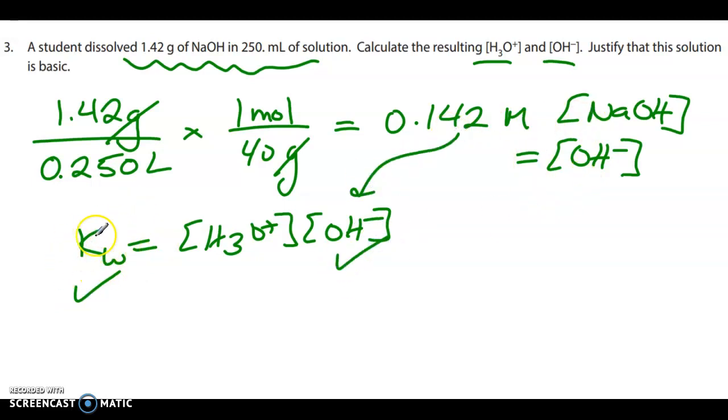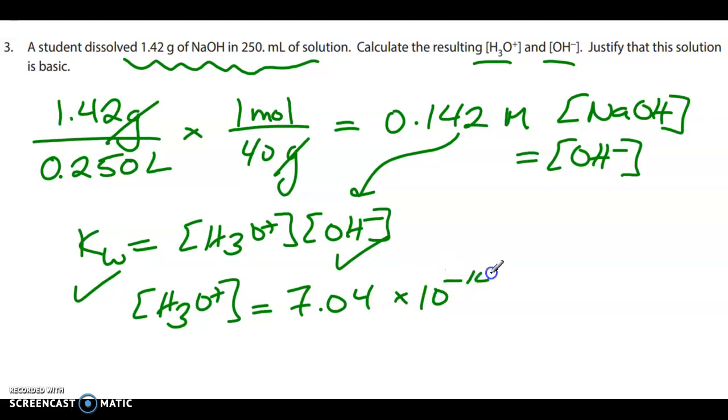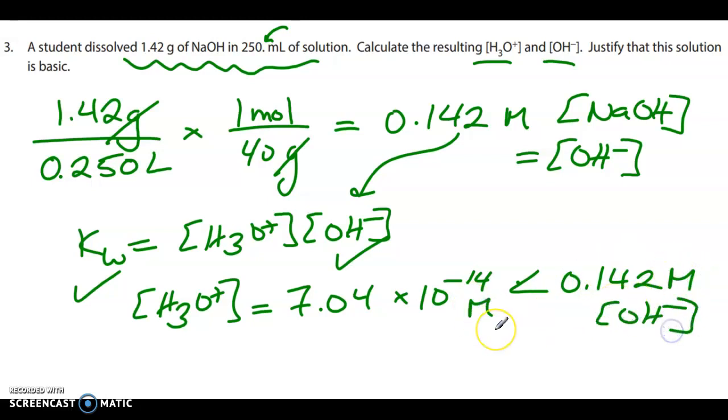Kw, of course, is still 1.0 times 10 to the negative 14. So the hydronium concentration you calculate here ends up being 7.04 times 10 to the negative 14. And we do need 3 significant digits. Remember, this decimal point that's here is giving that last 0 significance. So of course, this proves that our hydroxide concentration is definitely more so than hydronium.